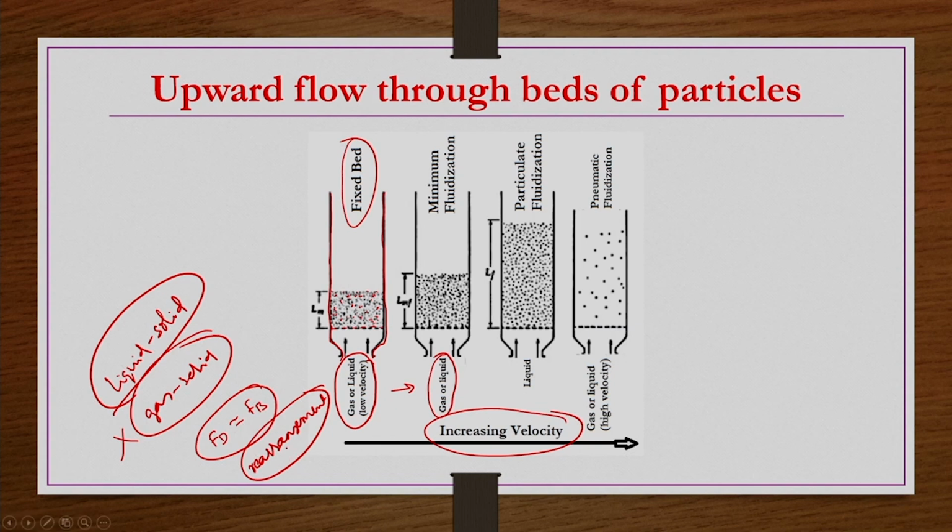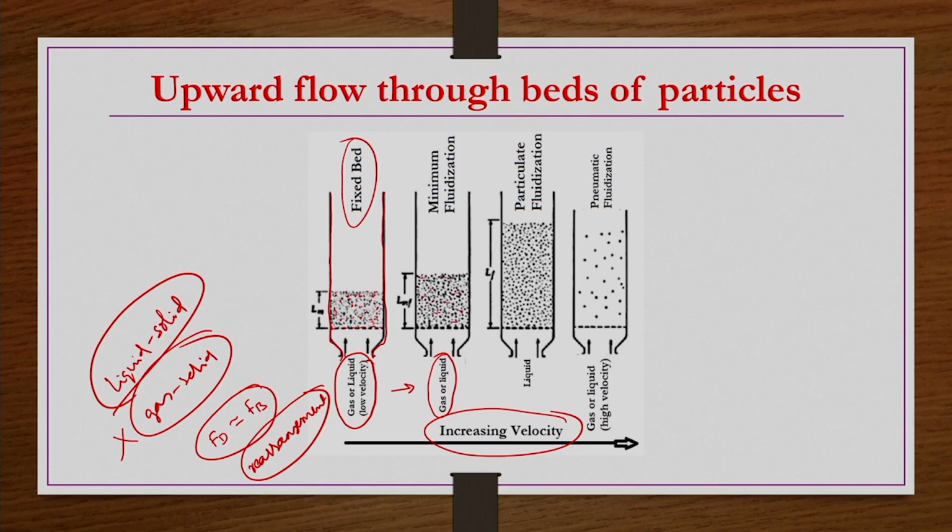If you keep on gradually increasing the velocity, the particles become looser and move away from each other. Now the same number of particles are occupying more space in the column, which means the voidage is increasing.